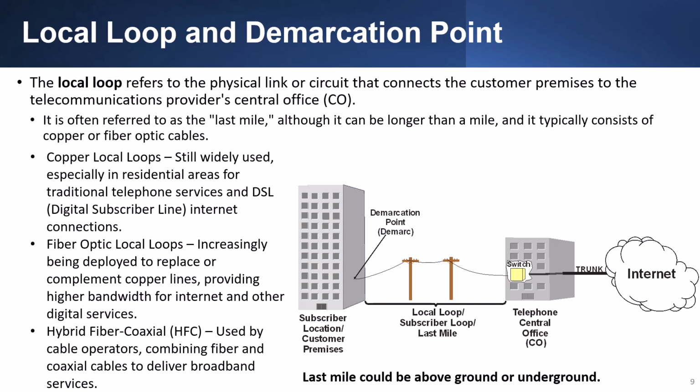Fiber optics local loops are increasingly being deployed to replace or complement copper lines, providing higher bandwidth for internet and other digital services. Hybrid fiber coaxial, or HFC, is used by cable operators, combining fiber and coaxial cables to deliver broadband services.